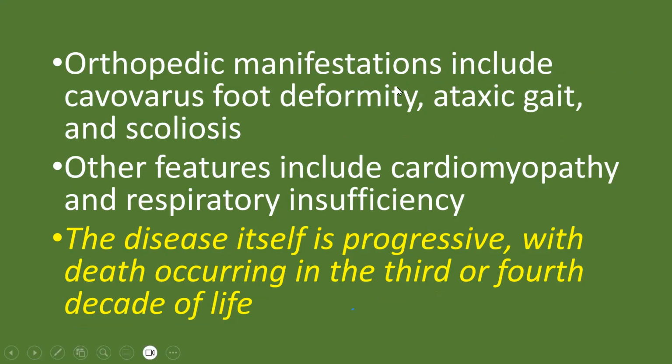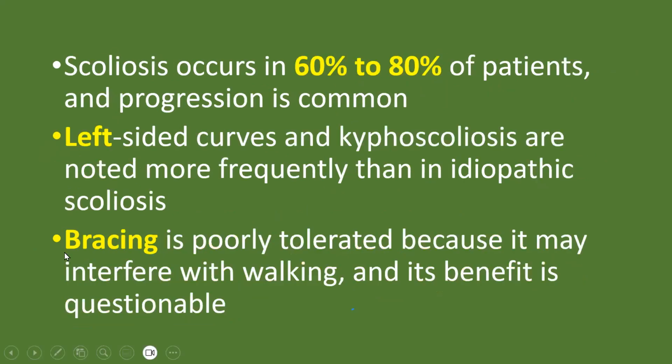Scoliosis occurs in 60 to 80% of the patients, and progression is common. The difference between it and the idiopathic is that the thoracic curve is convex to the left side, while in the idiopathic, it's convex to the right side. Left-sided curves and kyphoscoliosis are noted more frequently than in idiopathic scoliosis.